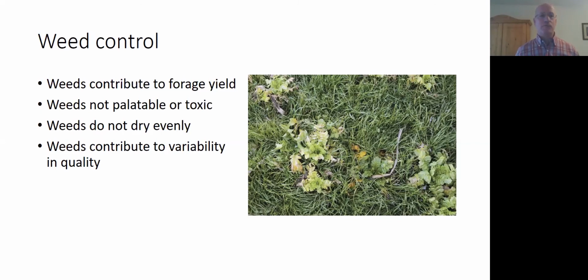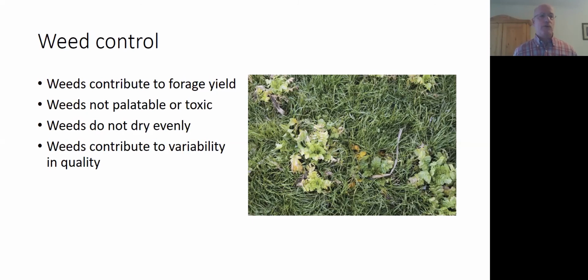In a forage in particular that's fed to cattle, there are some weeds that are not palatable or toxic. There are some weeds that are very nutritious, but a lot of them are not palatable or toxic, and they do not dry evenly. In the case of these winter cereals, they are often cut and wilted some before they might be chopped and ensiled.